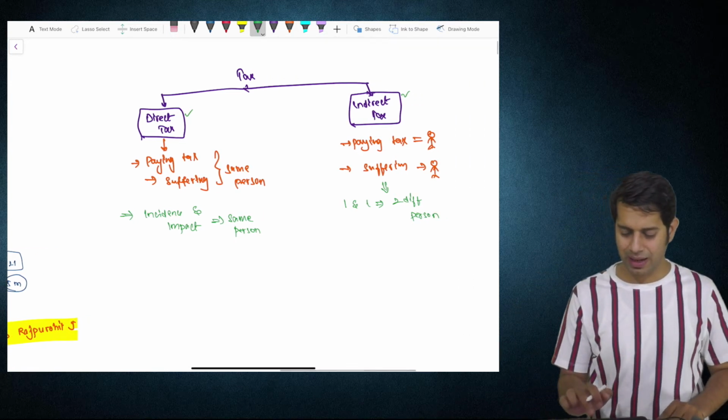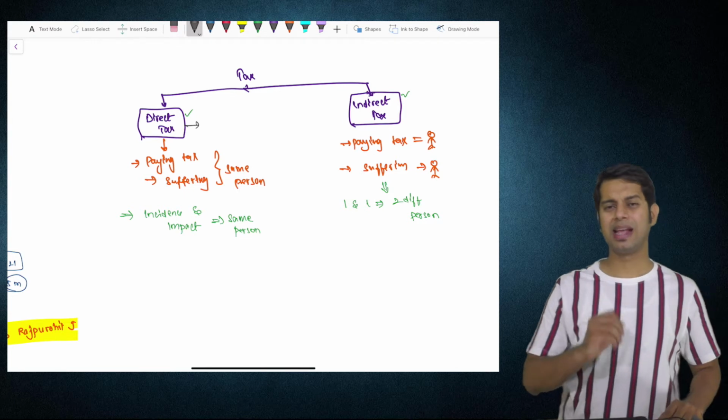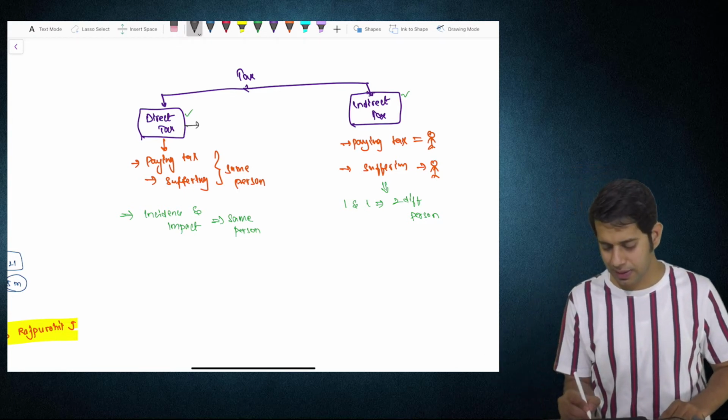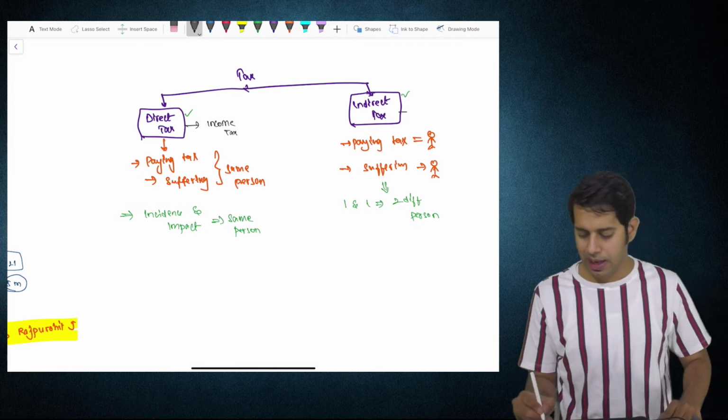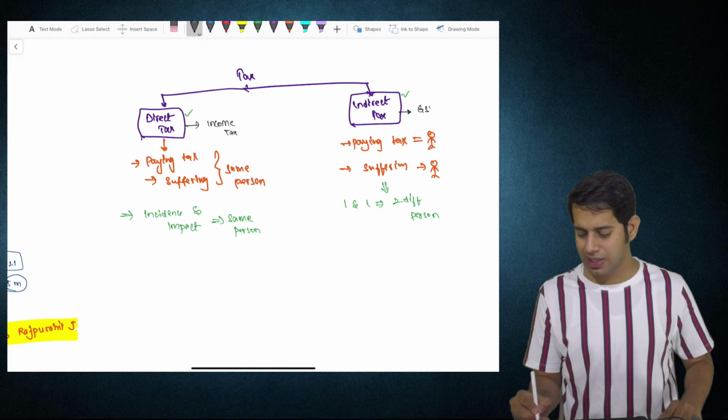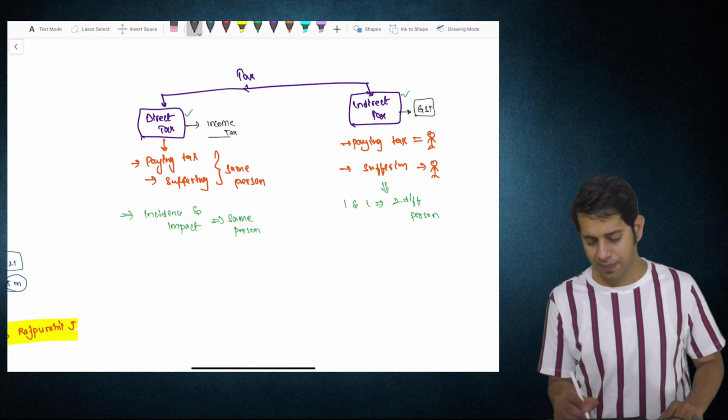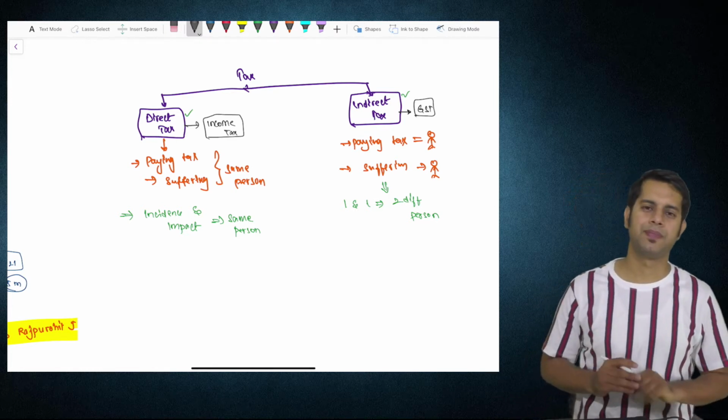I'll just explain this with an example. Example of a direct tax is income tax, and the goods and service tax, the GST which you are paying, is an example for indirect tax.